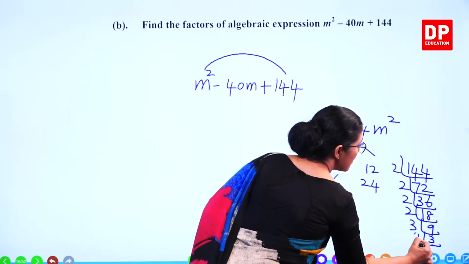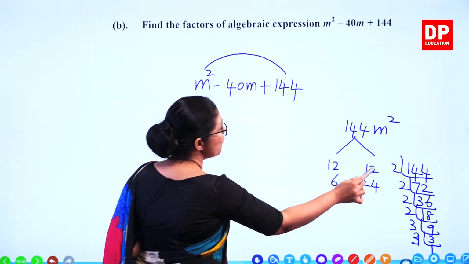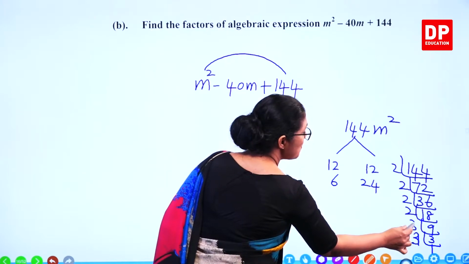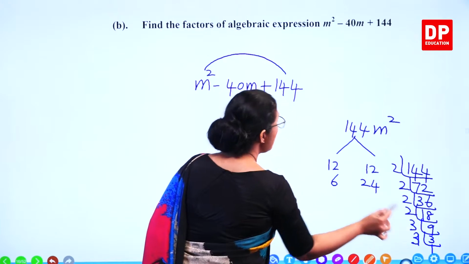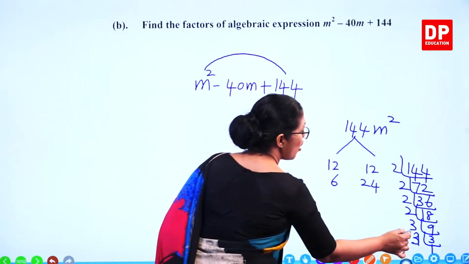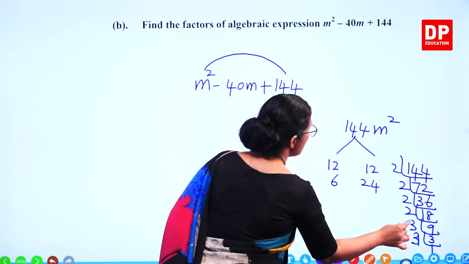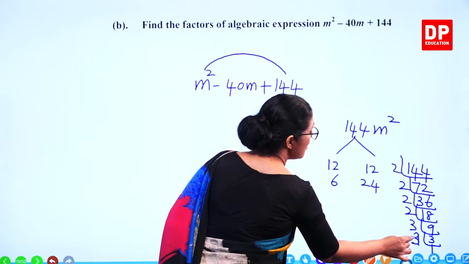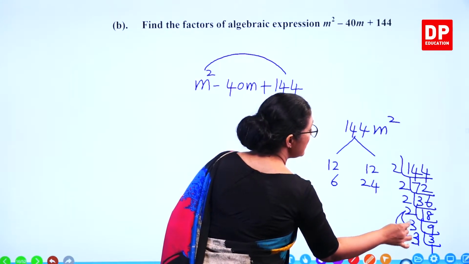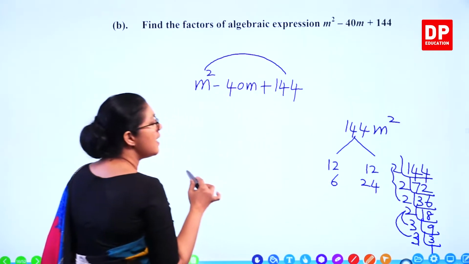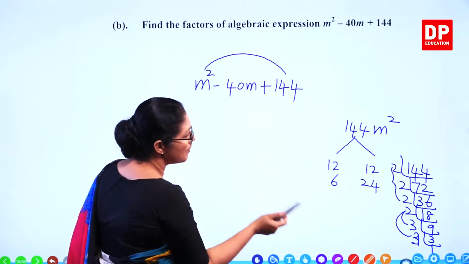Now see how you get factors. We need 40. 3 times 3, 9. 2 times 2, 2 times 2, 16 and 9. No, that's not possible. Again, we can check. 12 times 12, you can't. 3 times 2, 6. 6 times 3, 18. 18 and 8. So what are the appropriate factors to get minus 40?